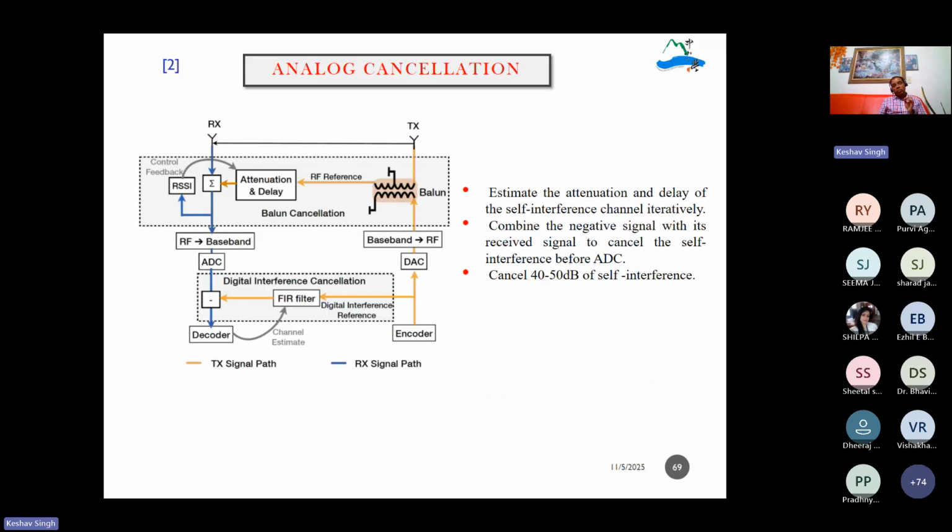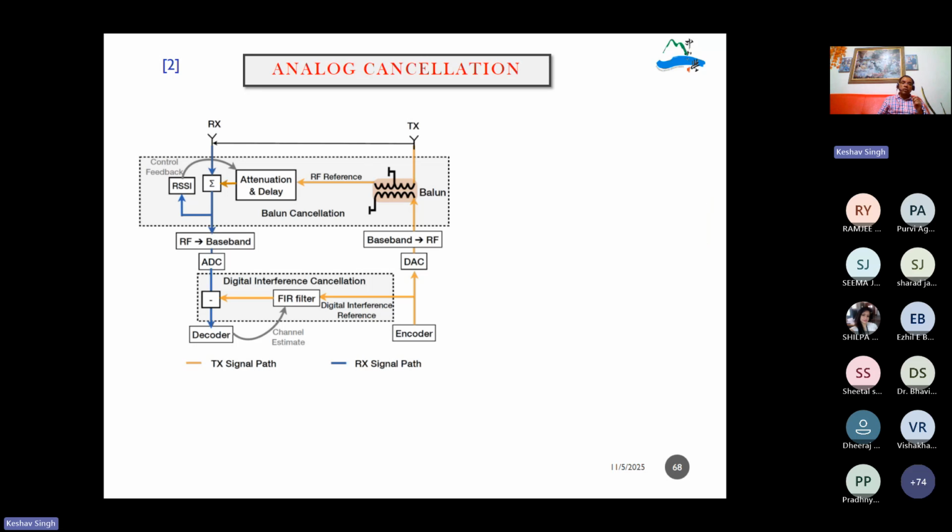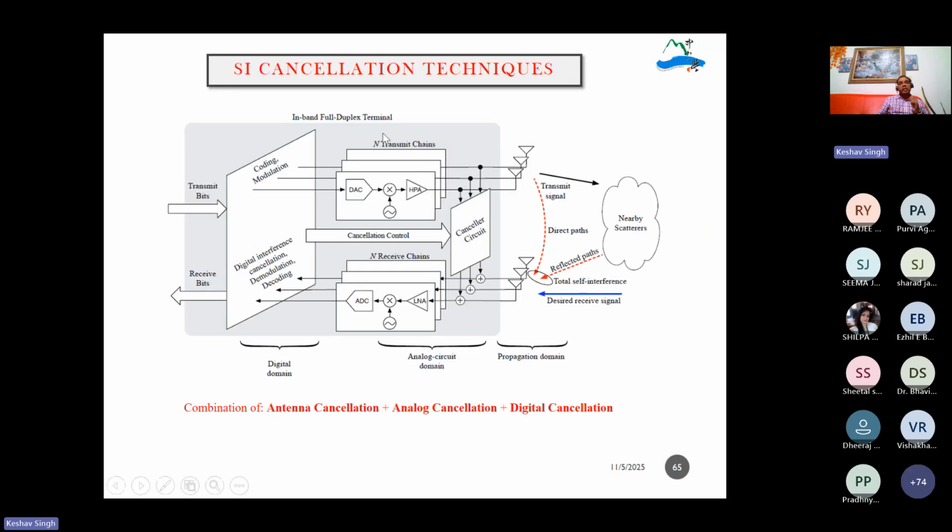Let's say here we are going to use a machine learning technique. For example, here we have a set of transmit antennas and a set of receive antennas.